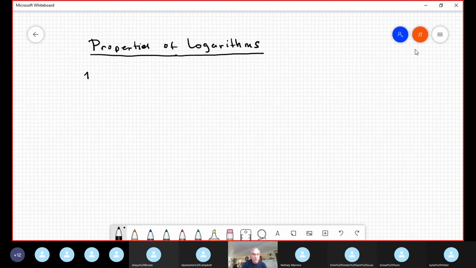The most important, number one, we studied now: logarithm of any base, standard or not standard, of 1 is 0. Keep in mind this. Logarithm of 1 is 0.